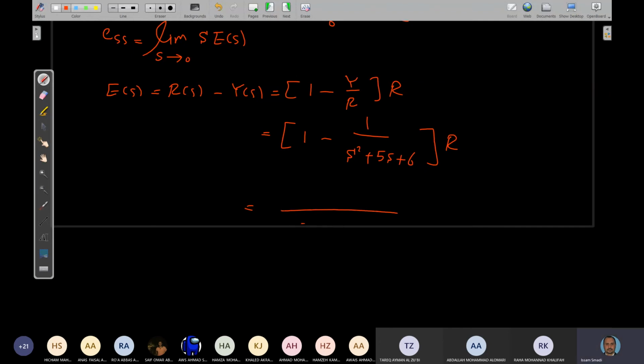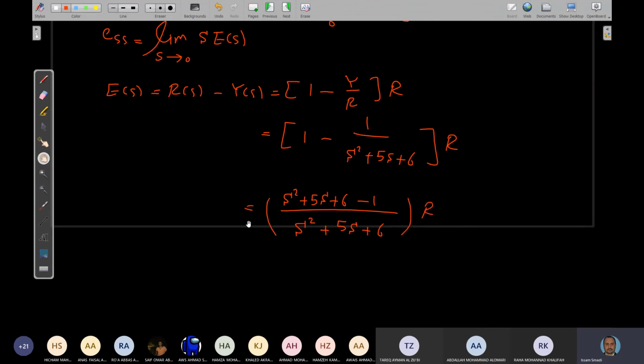If I simplify, here I will have s squared plus 5s plus 6 minus 1, all multiplied by r.